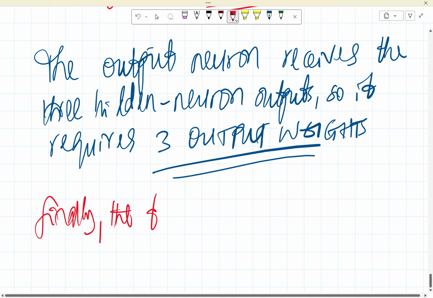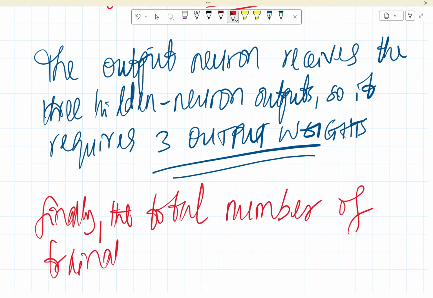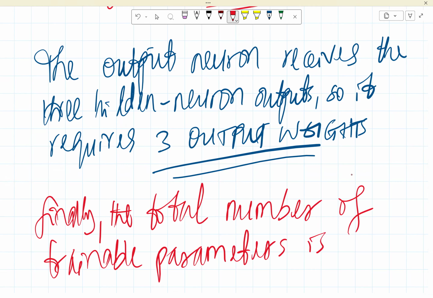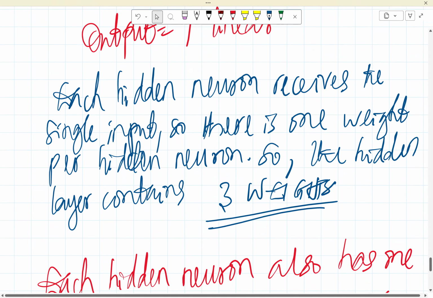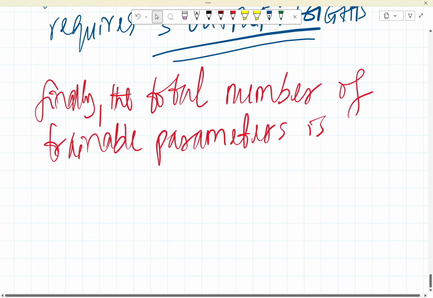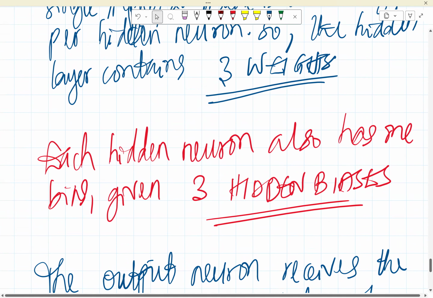Finally, the total number of trainable parameters is, so we add up three weights from the hidden layer first, then three hidden biases.